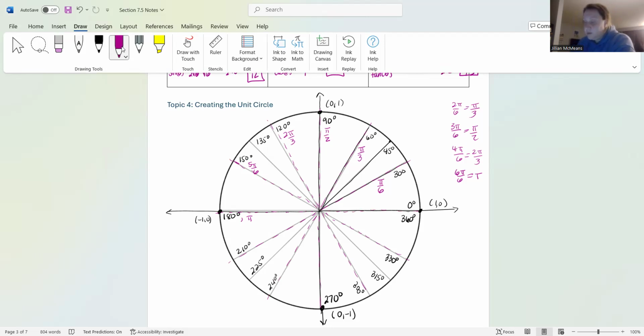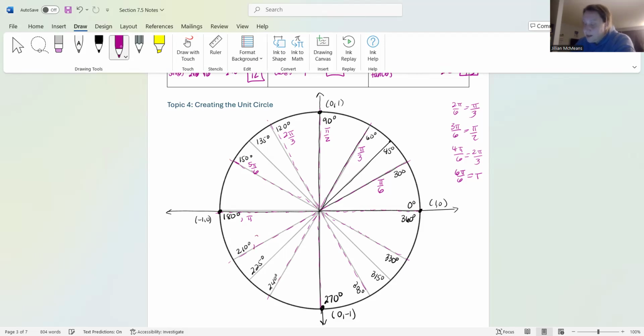So this time we skipped 225 and 315, but I promise you we're going to get those soon. So let's keep counting. We had pi over 6, 2 pi over 6, which reduces to pi over 3, 3 pi over 6 that reduces to pi over 2, 4 pi over 6 that reduces to 2 pi over 3, 5 pi over 6 that doesn't reduce, 6 pi over 6 that reduces to just pi.